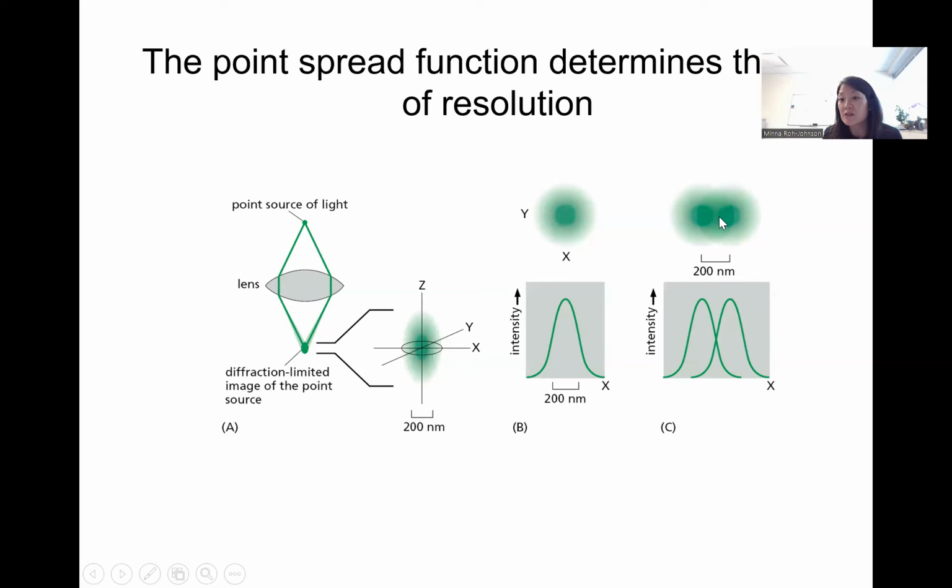As this circle gets closer and closer to this circle, it's going to look like one circle, right? Because the point spread functions are overlapping. And that determines what your resolution limit is. If you're looking at 2 things that are less than 200 nanometers away, it's going to be very difficult to resolve them as 2 different structures with just regular light microscopy.